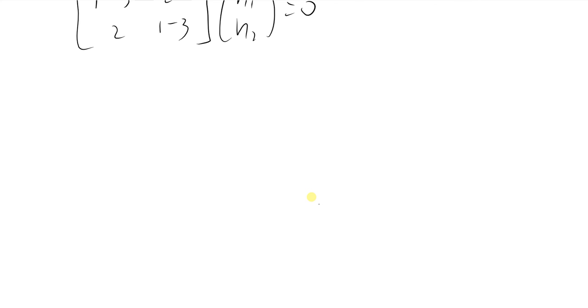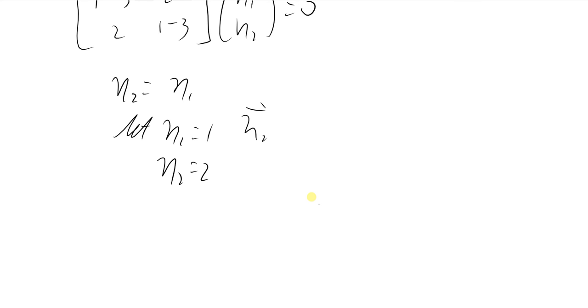We have nu2 equals nu1. You do the same process and solve for that. And so we let nu1 equal 1, nu2 equals 1. And so our eigenvector for lambda 2 is [1, 1].